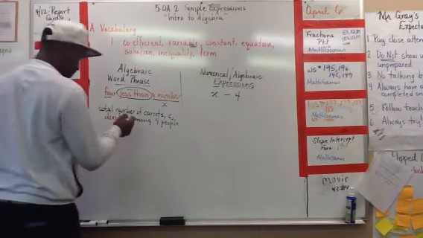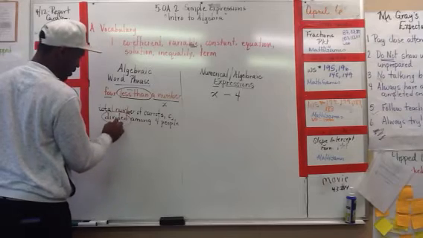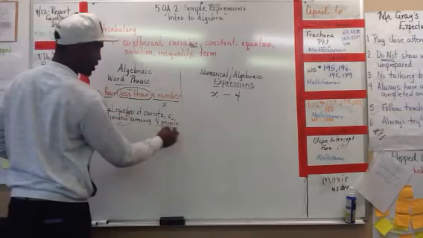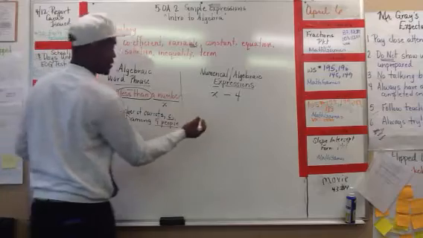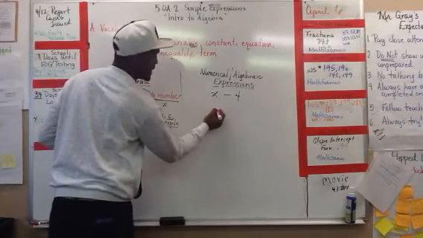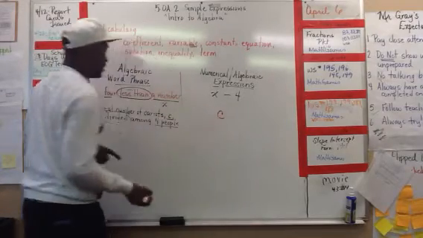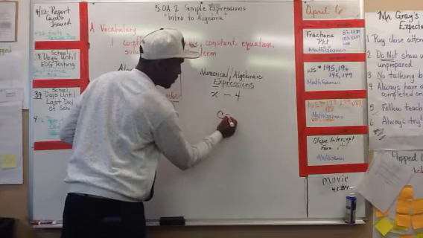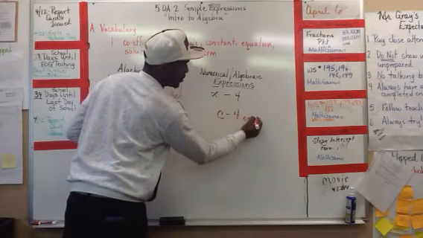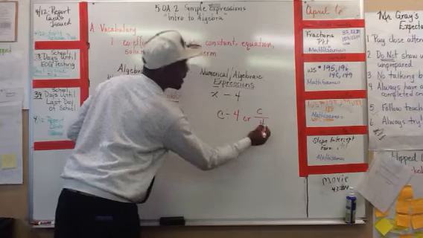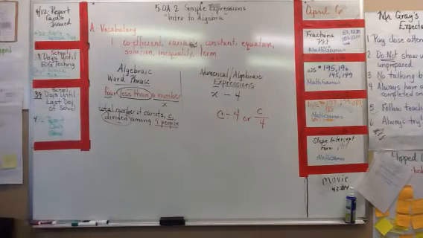Okay? Divided is your cracking the math code term. 4 people is your constant. C is your variable. Total number of carrots is C divided by 4 people. But I want you to write it as a fraction, because fractions are division. But they're both the same thing.